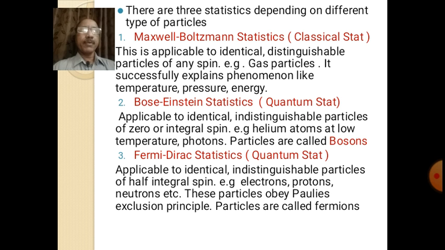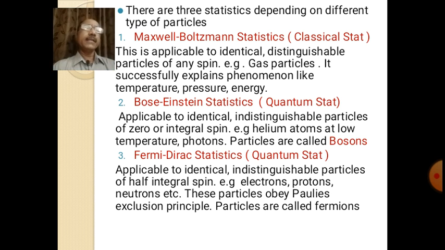Such type of particles, may be electrons or protons or neutrons, obey Pauli's exclusion principle. So the particles obeying Fermi-Dirac statistics are called fermions. By applying the Fermi-Dirac statistics, we can explain the properties of electron gas.